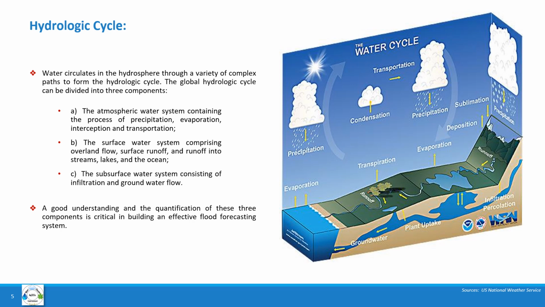The second component is the surface water system comprising overland flow, surface runoff, and runoff into streams, lakes, and the ocean. The third component is the subsurface water system consisting of infiltration and groundwater flow. A good understanding and quantification of these three components is critical in building an effective flood forecasting system.